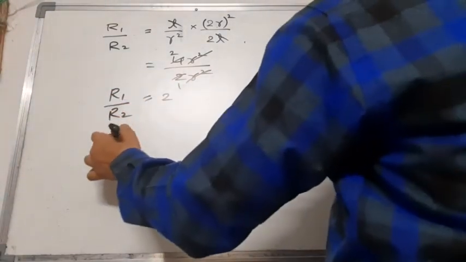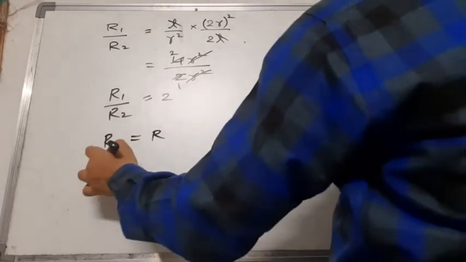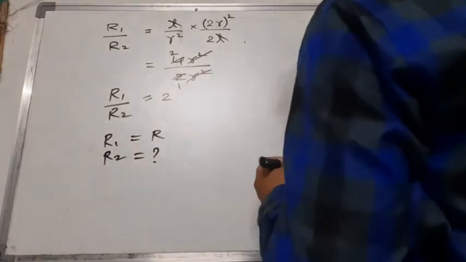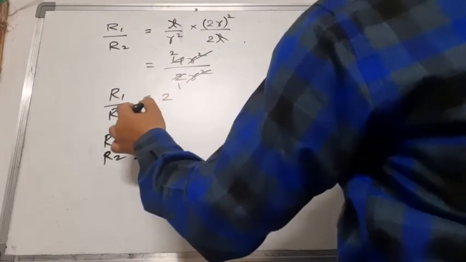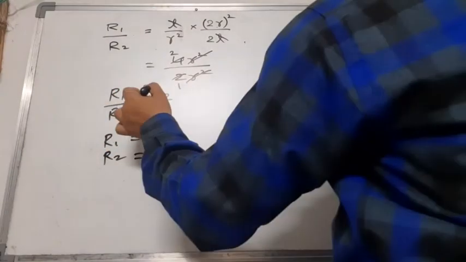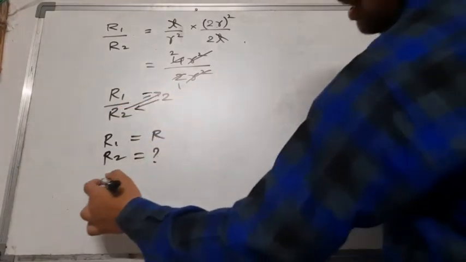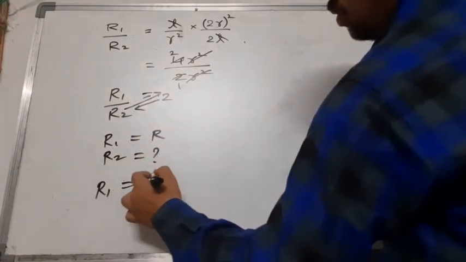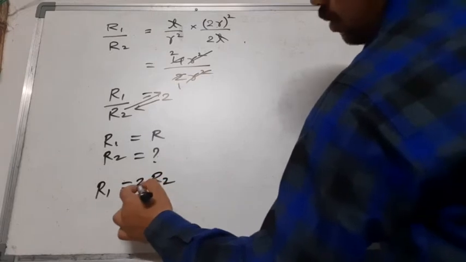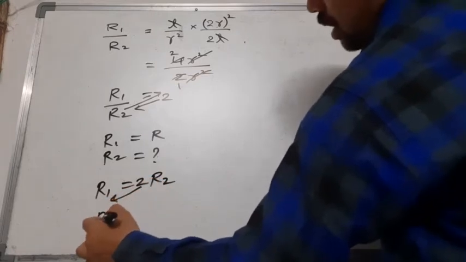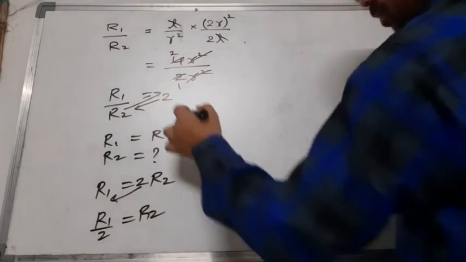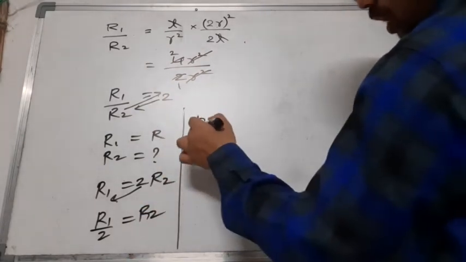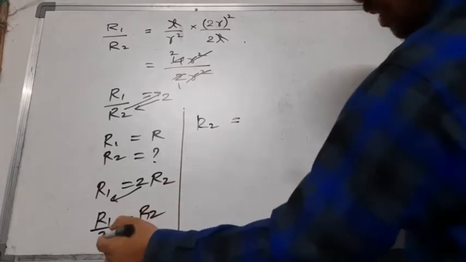If R1 is equal to R, then R2 is equal to how much? So you just cross multiply, you take this 2 to this side, R1 to this side. So what you will get? R1 is equal to 2R2, and again you bring this R to that side, you will get R1 by 2 is equal to R2. So R2 is equal to R1 by 2.